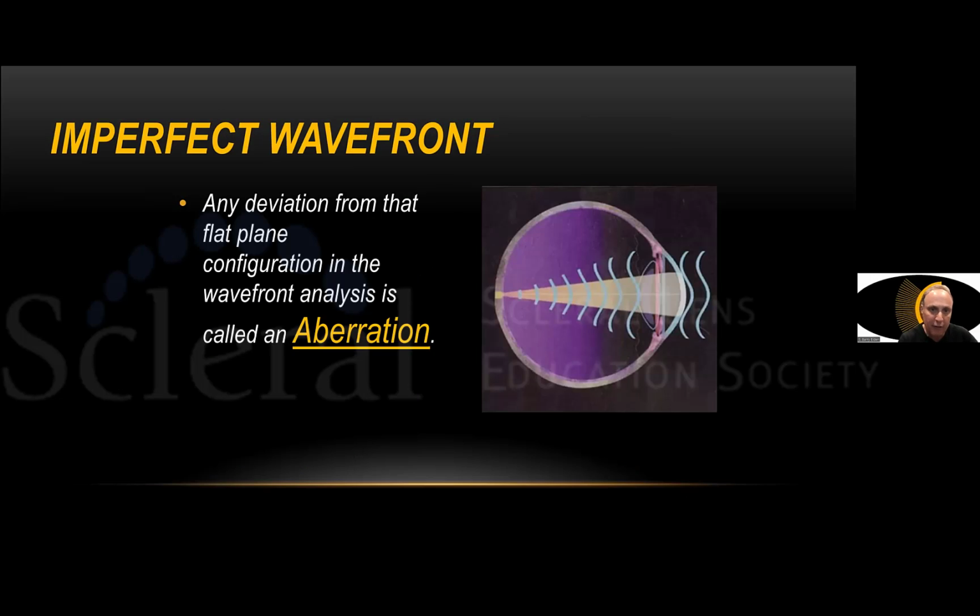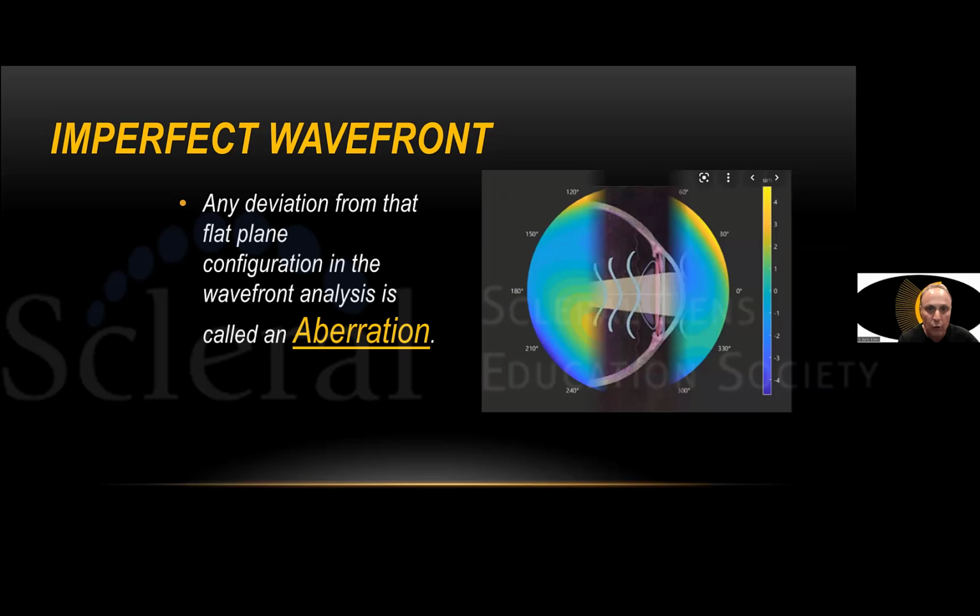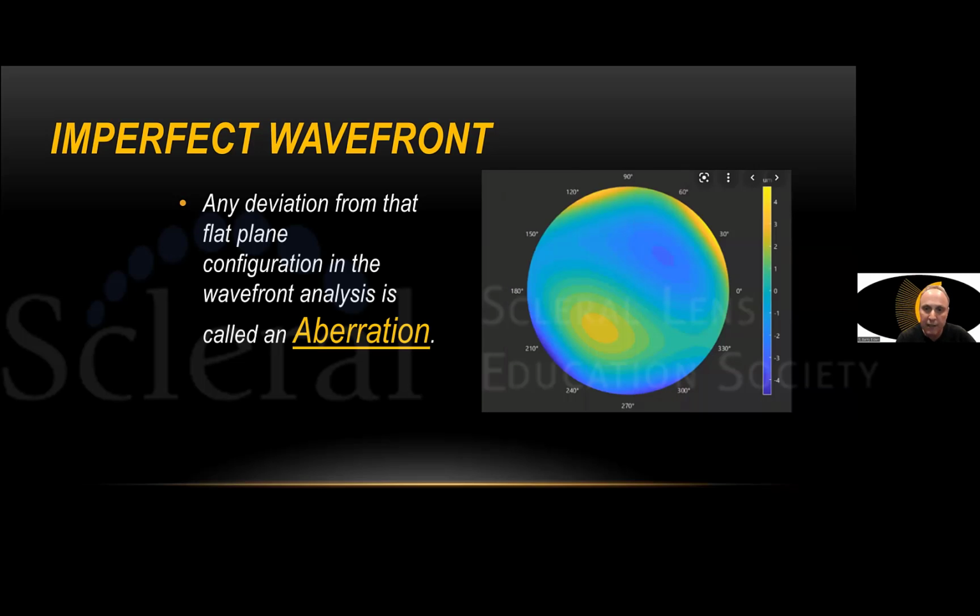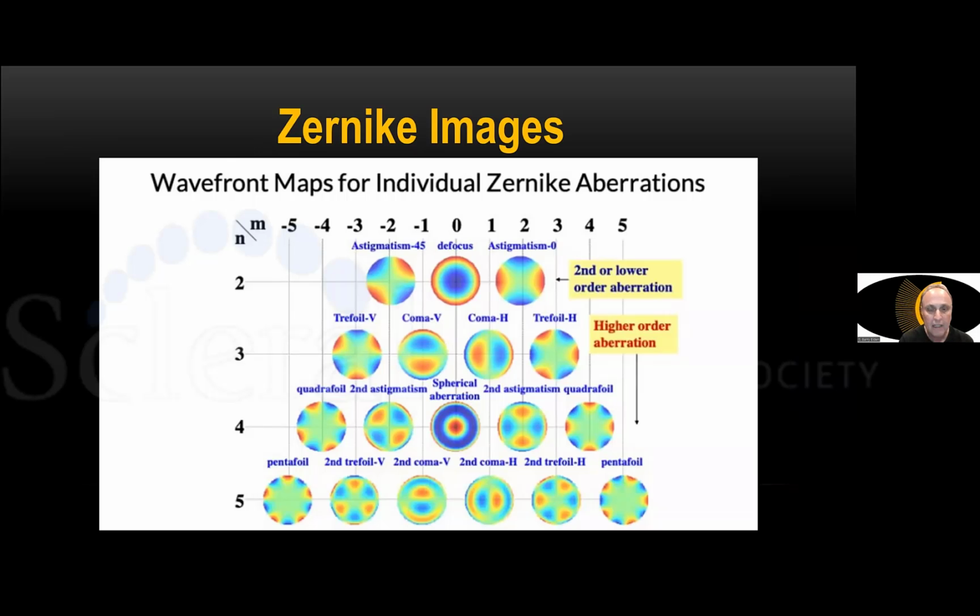So an imperfect wavefront is obviously any deviation from that flat plane. And these are called aberrations, whether they be low order or high order. And we can see here in an aberrometry map, you can see the color variation indicating non-planar forms of aberration maps. And we mentioned before, there are various levels from low order to high order.